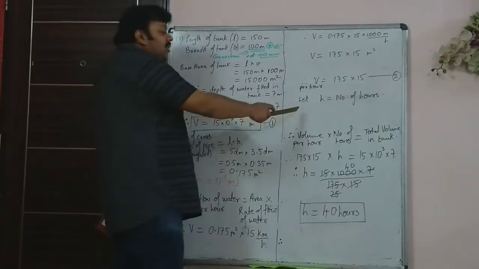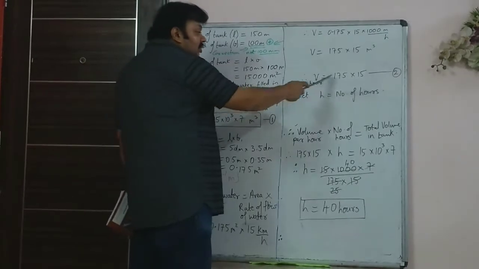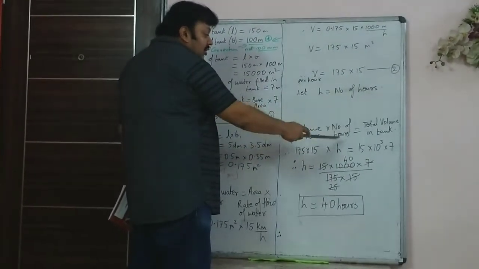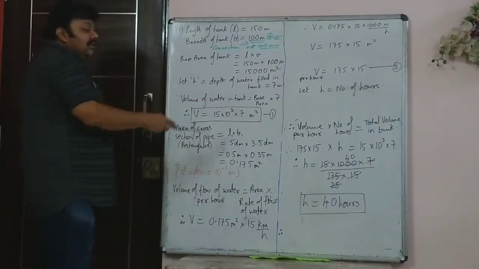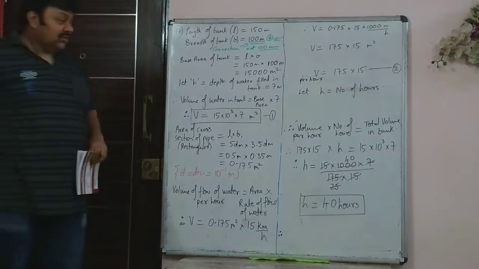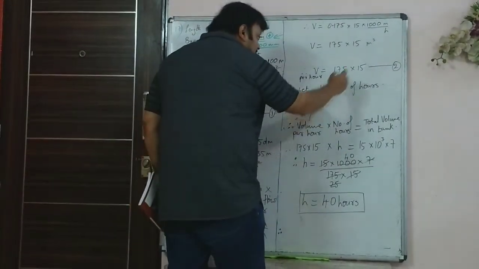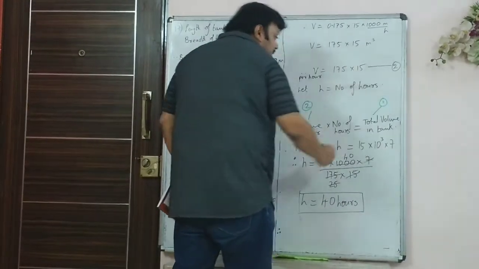So let's assume the number of hours required to fill the tank is h. So this volume per hour into number of hours should give us the total volume of the tank. So this is from equation 2 and this is from equation 1.